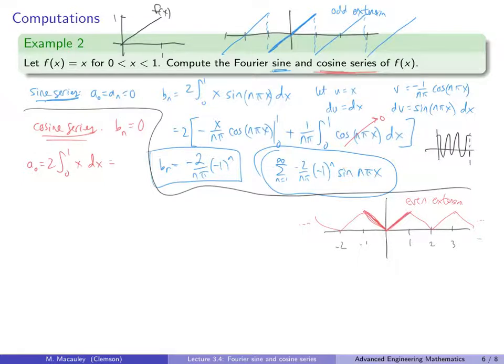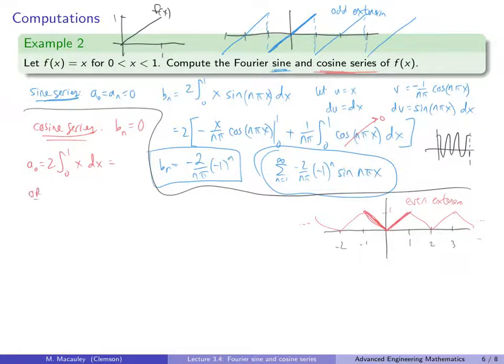Well, before we do that, let me just remind you that we know something about a naught. We know that a naught over 2 is the average value. And what's the average value of this function? It goes up, it's piecewise linear. The average value is clearly, so this is 1, clearly 1/2.